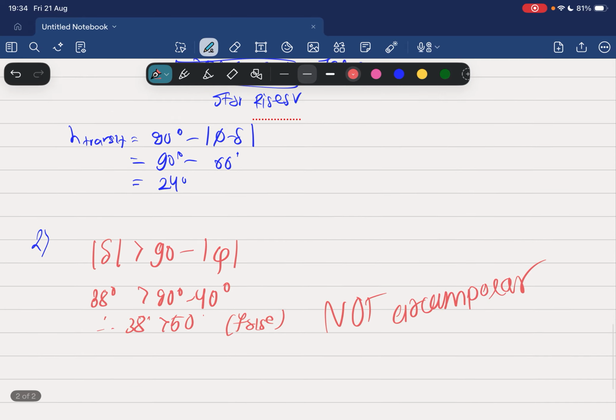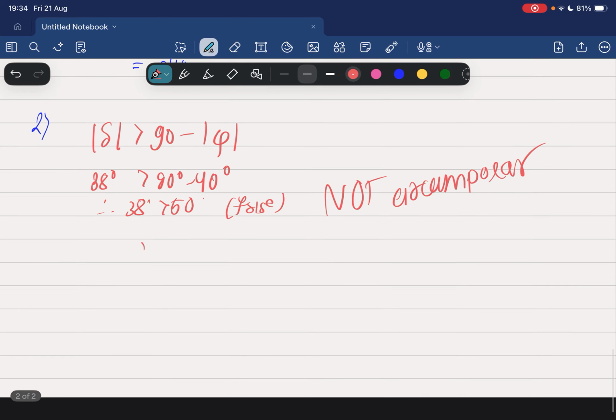It is just a normal star, because we can check that declination is greater than or equal to 90 minus phi, and 38 degrees is greater than or equal to 50. It is the never visible condition for the southern hemisphere, and it was also false. Therefore it must be a normal star.